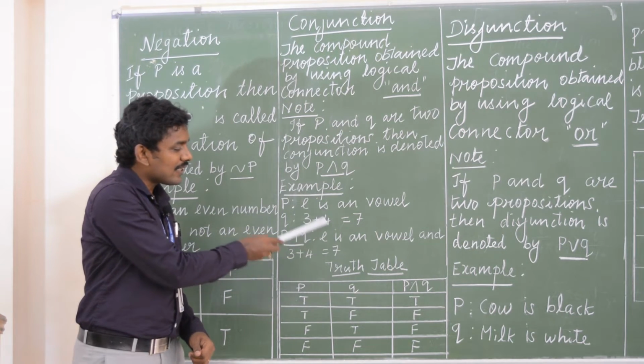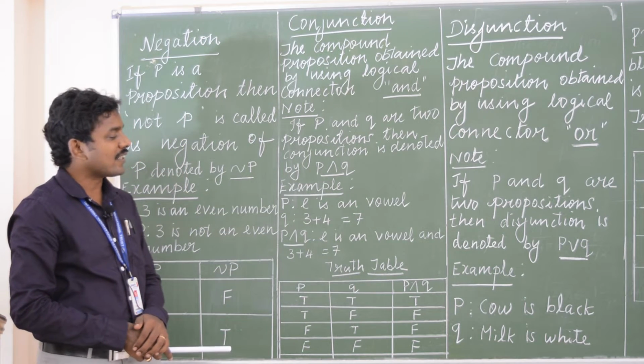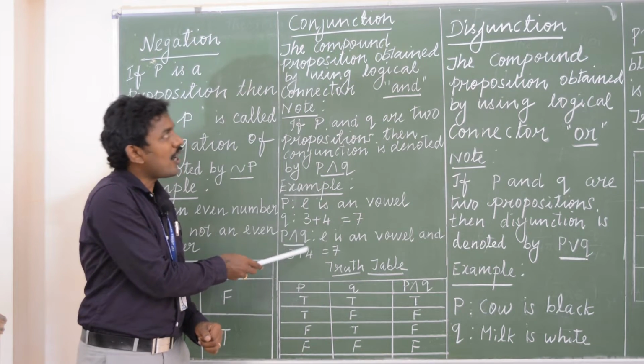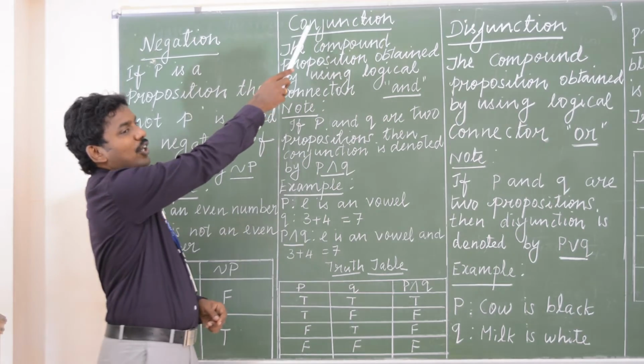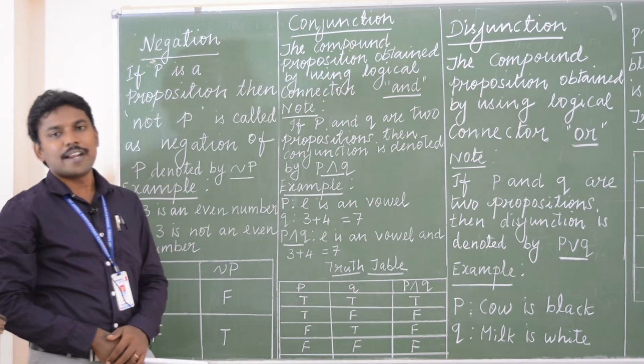Here I have connected these 2 simple propositions by using a logical connector and I got a compound proposition. This compound proposition is called a conjunction since I am using the logical word AND.